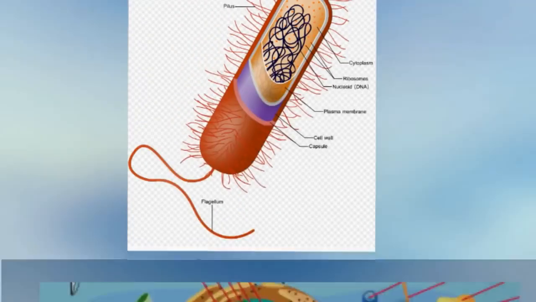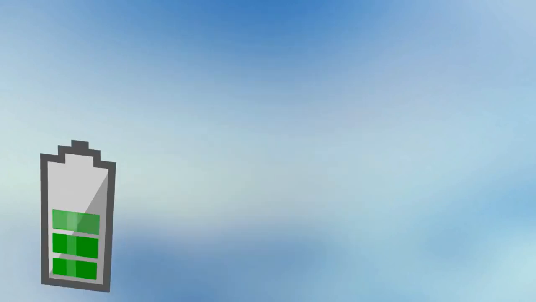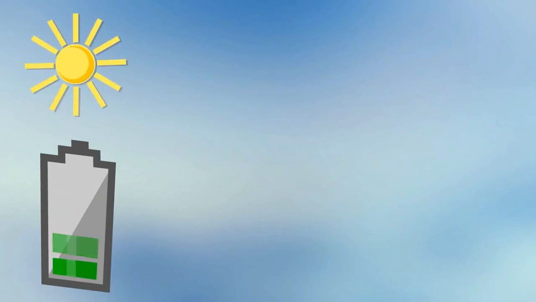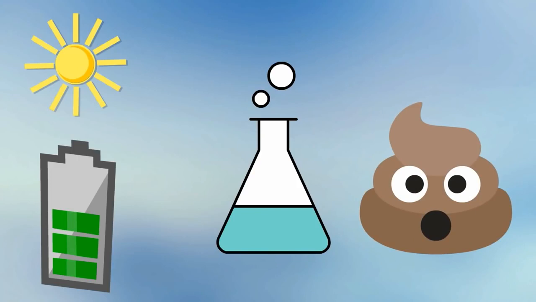They do have a cell wall, genetic material, cytoplasm, and ribosomes. Bacteria get their energy in many different methods. Some get energy from the sun, others get energy from chemicals like CO2, while others break down organic material.